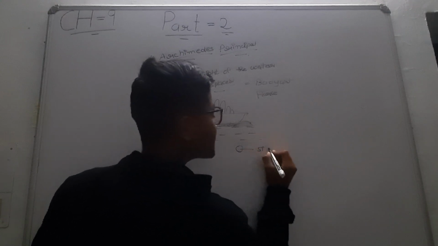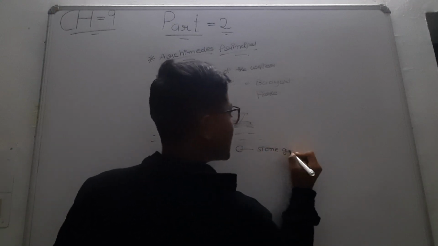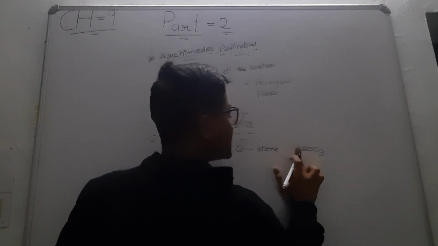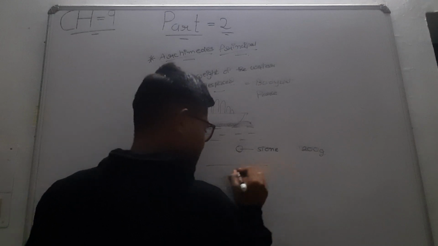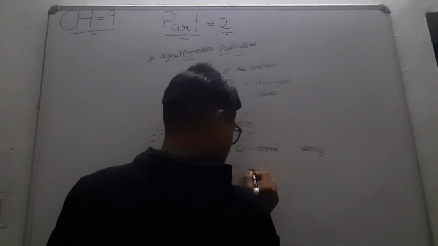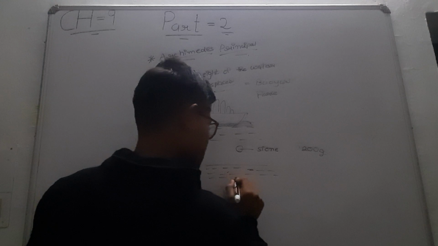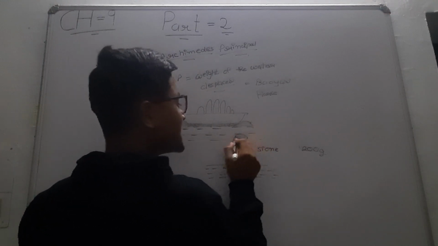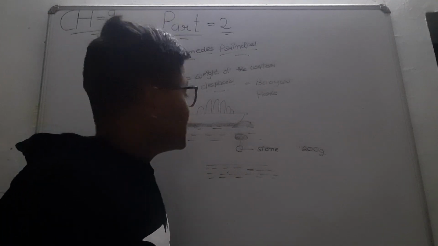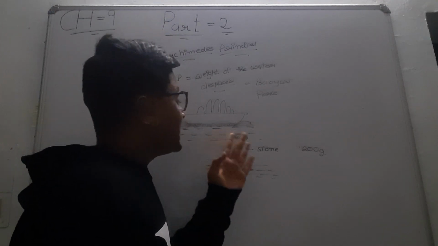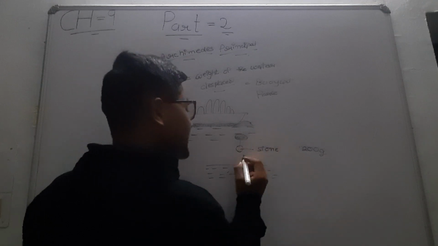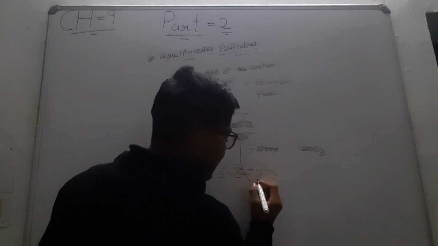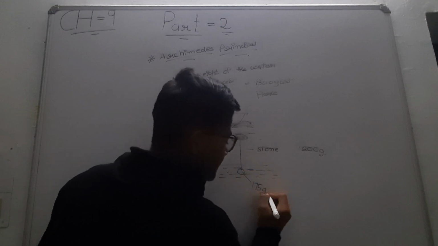A stone of 200 gram, its weight is 200 gram, is held by a spring balance. When it is not immersed in the water, its weight is 200 gram. And when it is immersed, its weight is 175 gram.